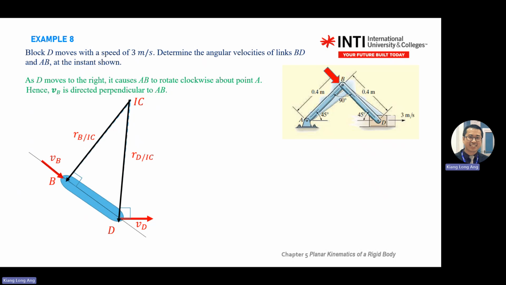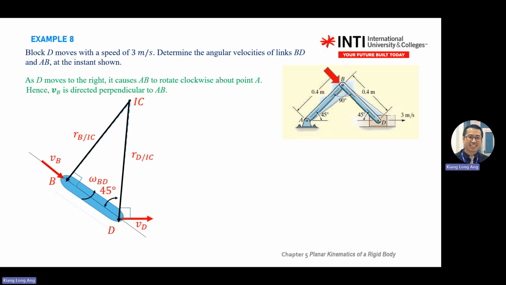Then it asks you to find angular velocity, right? Recall what velocity is equal to: omega R. You want to find omega equal to V over R. So either you use this one or this one, you will get the same omega.